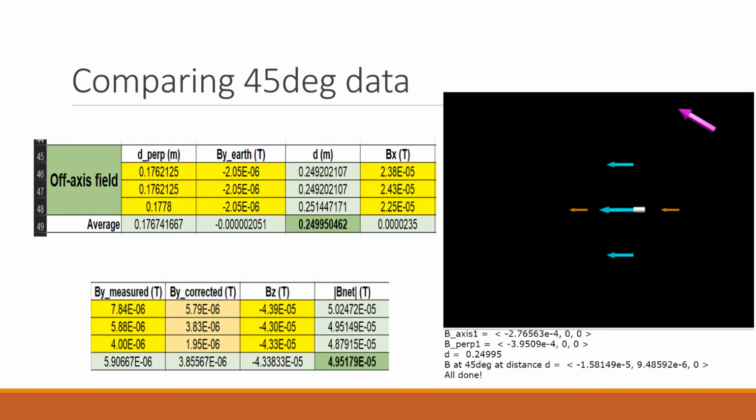So the values are not far off. It's off by maybe 3 or 4 Teslas. As you see, the average is 4.951 times 10 to the negative 5 Teslas, and from the code, when calculated, it comes out to be 1.844 times 10 to the negative 5 Teslas, and it's off because of different things.